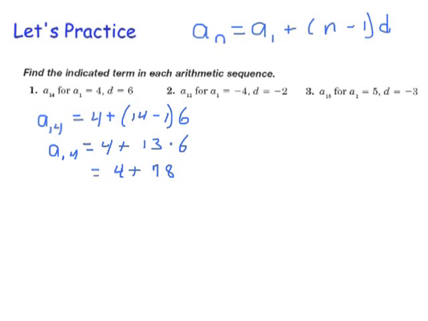So my simplification of that is going to be 82. So that tells me that the 14th term is 82. All right, I'm going to stop right there, and we're going to play with 2 and 3 in class. So let's leave those blank for right now, and let's move on to some more.